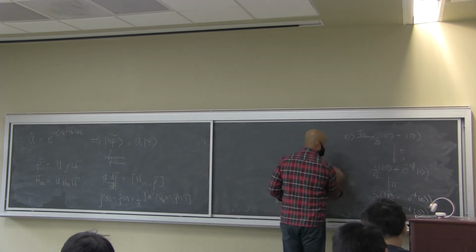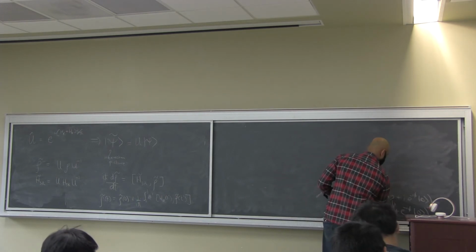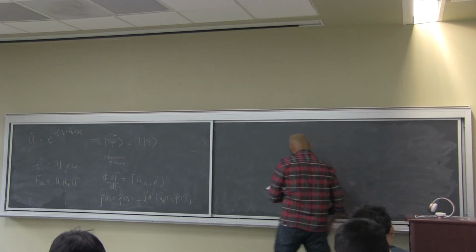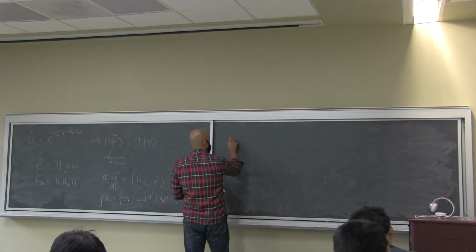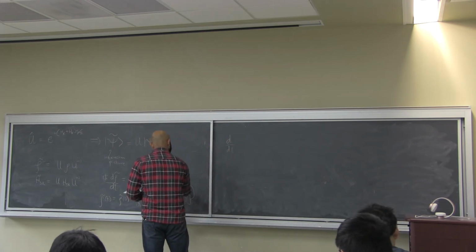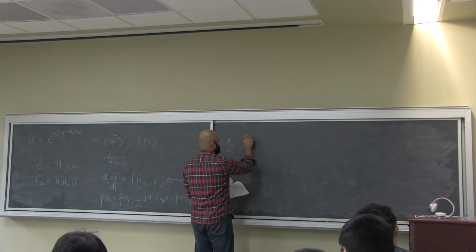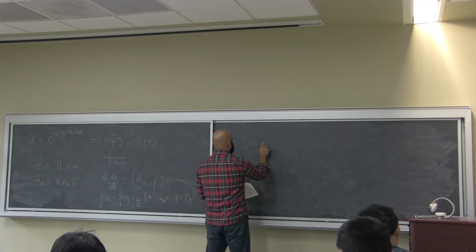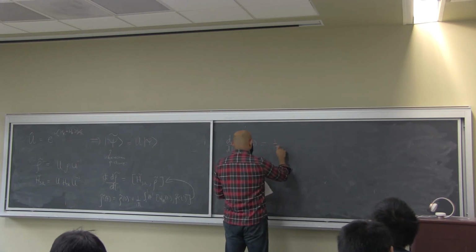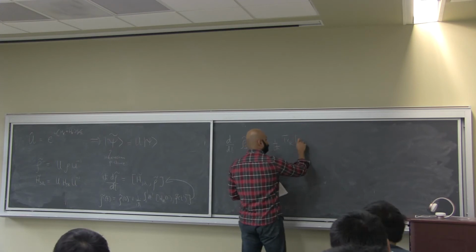I'll just write down the answer, that it is going to be governed by the two-time correlation function of the reservoir operators. So substituting this back into here and taking the trace over the reservoir, I get an equation that is purely in the system variable.